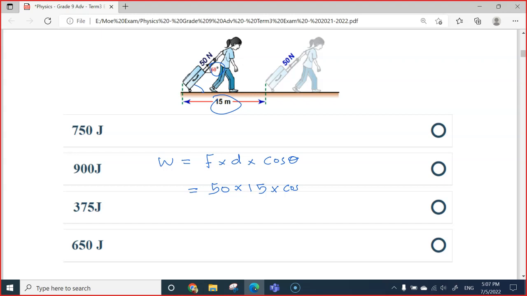The angle between force and displacement is along this direction and force is acting along this direction, and the angle between force and displacement is this angle, that is 60 degree. So 50 multiplied 15 multiplied cos 60.